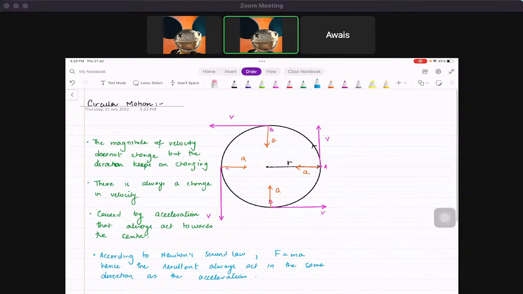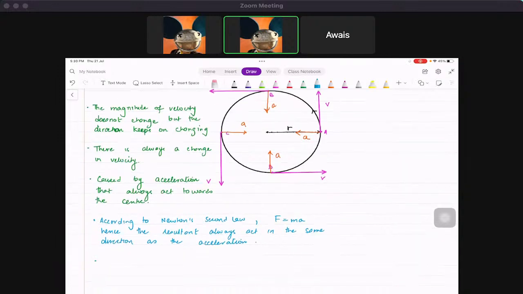Now this resultant force is known as centripetal force. Okay, so it also acts in the same direction as the acceleration.